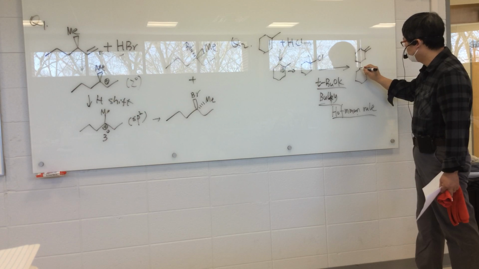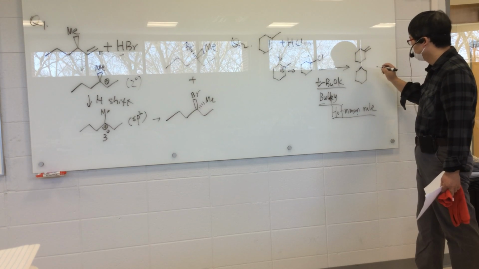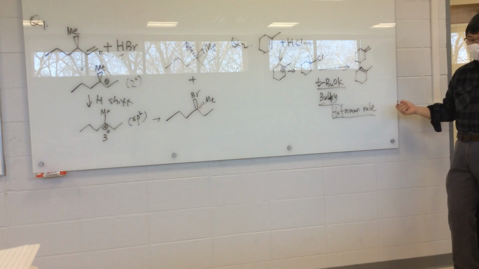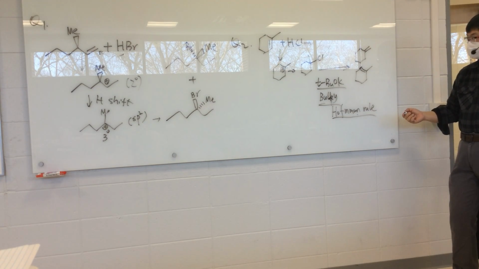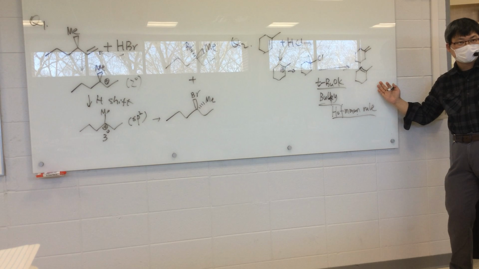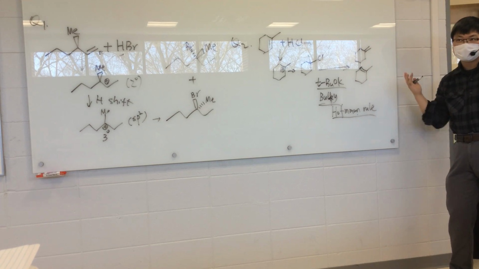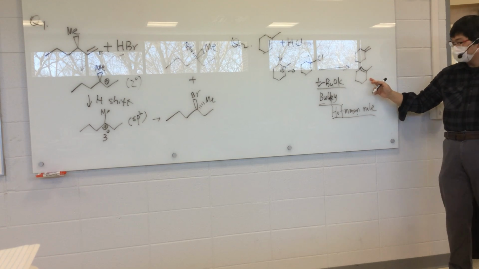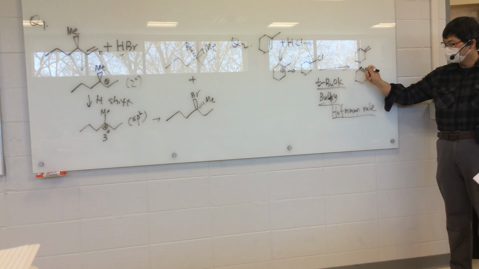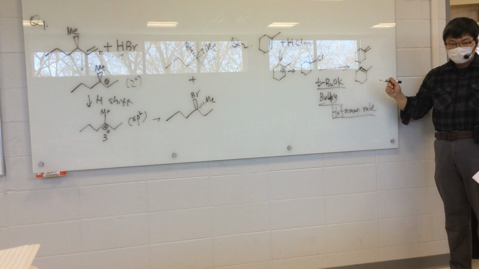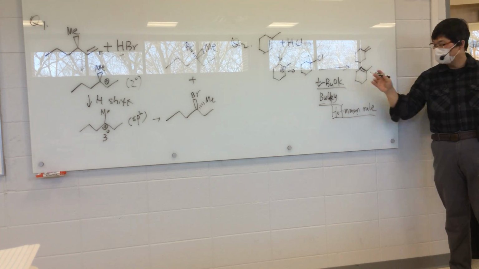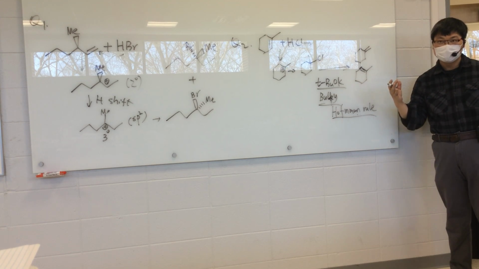This rule, right? There are 2 possibilities. So which one is more stable here? Which one is more stable? This one is more stable. Why? Because this double bond is electron deficient.